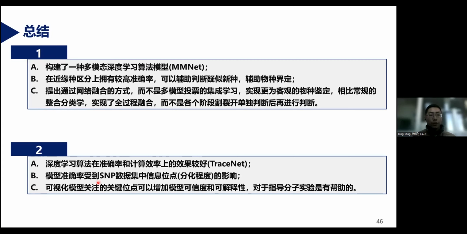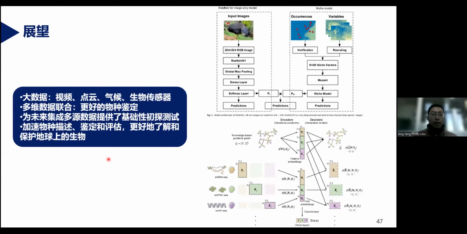And we learned that the SNP sites and the information sites are affected, but we can improve the predictability, interpretability and credibility of the model, and find the monitoring sequences so that we don't have to use SNP data all the time.